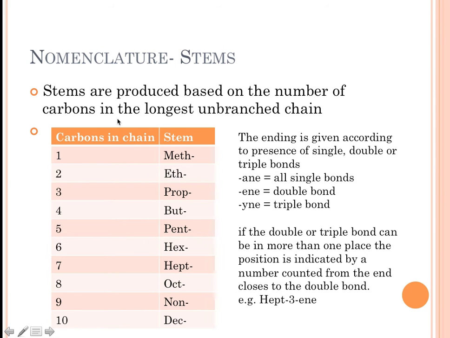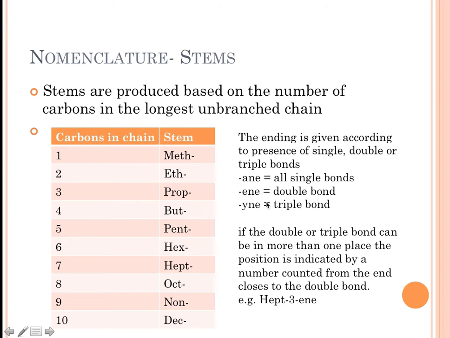Remember when we're naming them, we first name the longest stem, okay? So the longest continuous chain of carbons, which they might draw funny. So they might draw it so it looks a bit bent, but just make sure you're counting a continuous chain of carbons. And then we have what's called our stem. I won't read all of them out to you, you're perfectly capable of reading that.